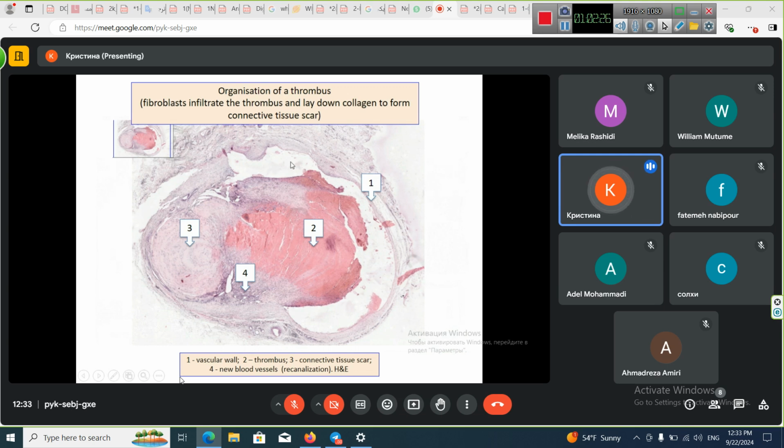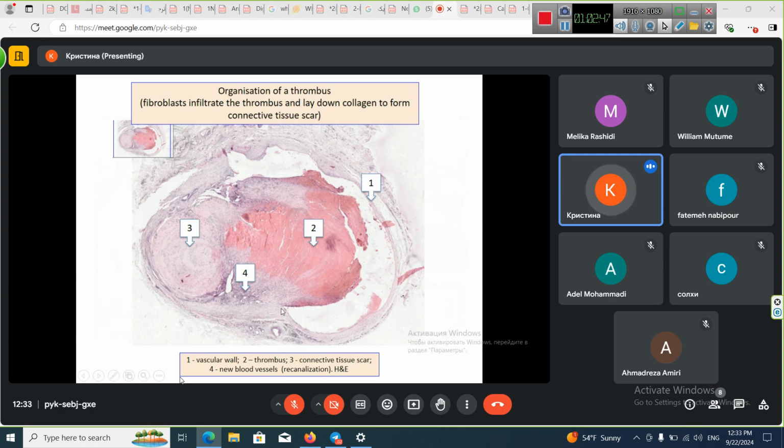It has the space here, non-stained, and inside it we have the thrombus. The thrombus is attached to the wall. It is the feature of thrombus, unlike post-mortem clot, which is not attached to the wall of the blood vessel.